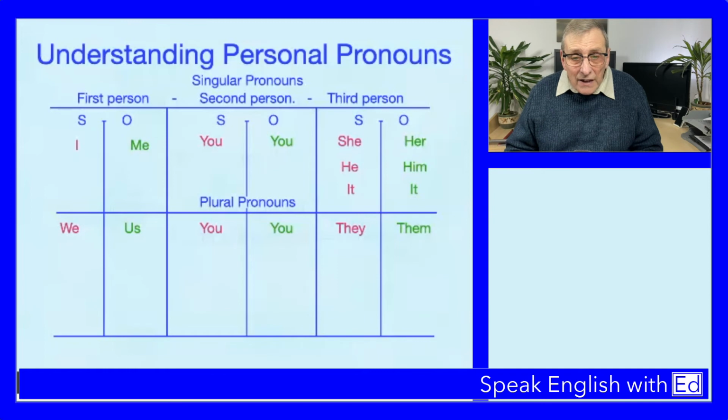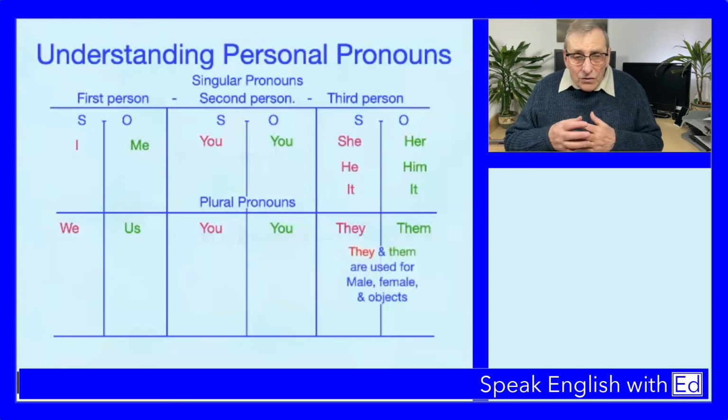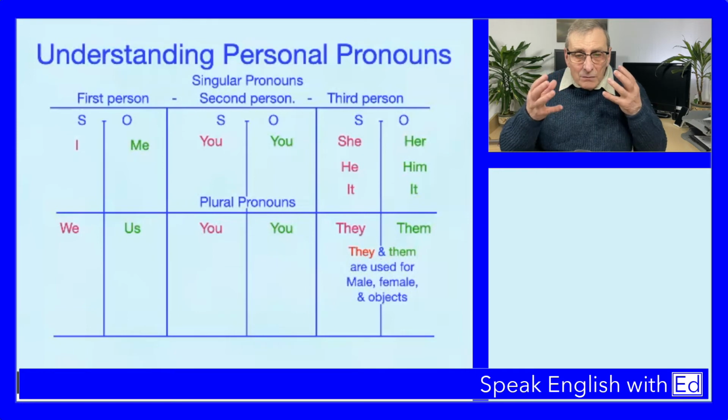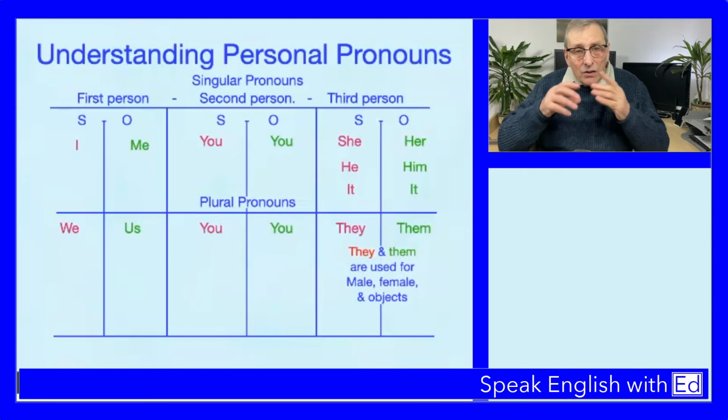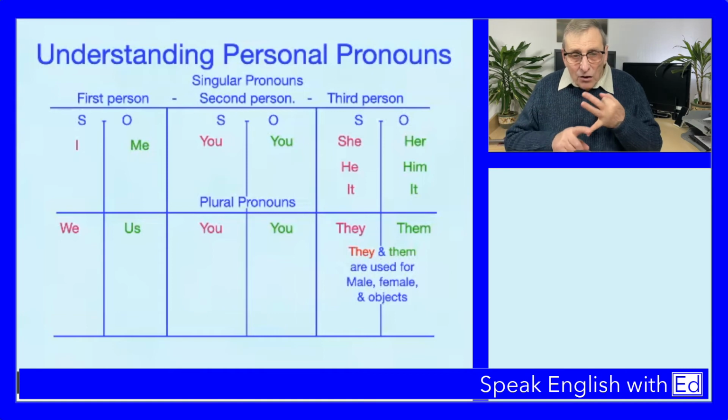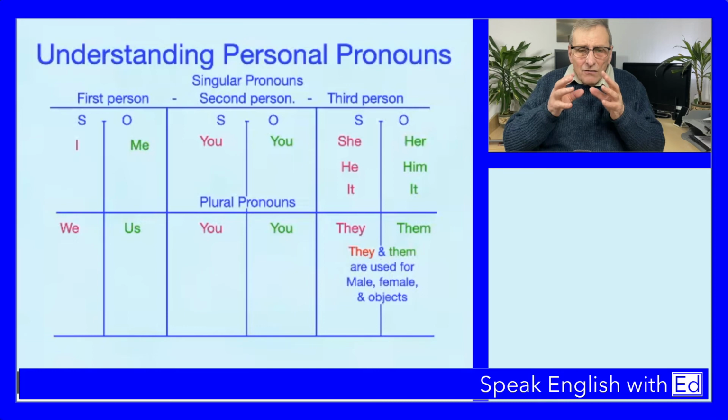So we can put they and them into our sheet now, and you can also say that they're used for male and female and objects. They and them, you refer to, they're the pronouns for male, female and objects. So the only real complicated one is she, he and it and her, him and it for third person singular pronouns.